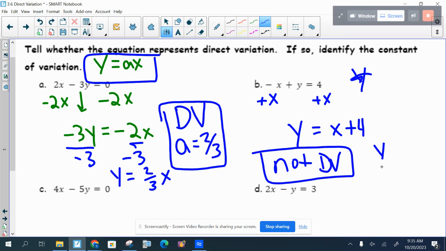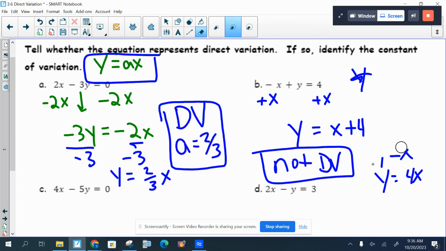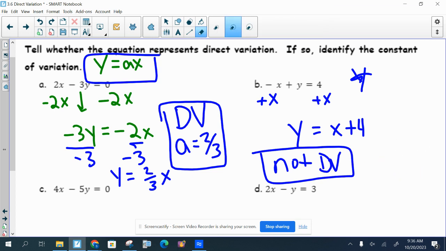If it was just y equals x, that would be direct variation. If it was y equals 4x, that would be direct variation. But whenever you start adding things or subtracting things, then it's not. Try C and D. I'll give you a minute.